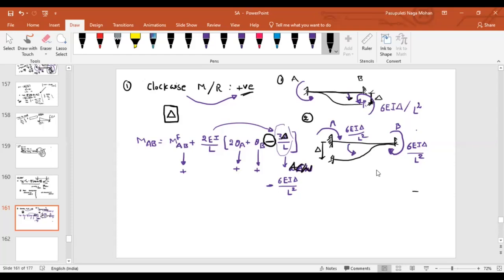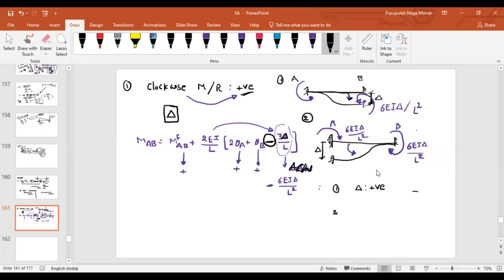Why am I saying it is anti-clockwise direction? There is a negative sign here. That is what is different from the sign convention that we have considered. So, if you look into the first case, it is making the anti-clockwise direction. As it is making the anti-clockwise direction, in the first case, you have to consider your delta as positive.